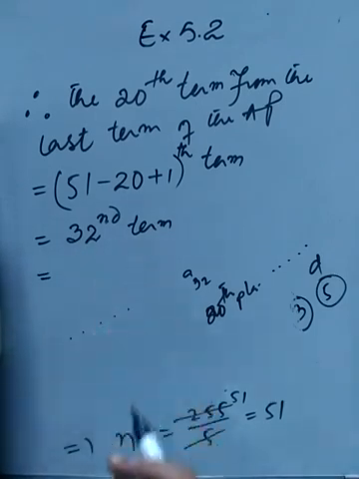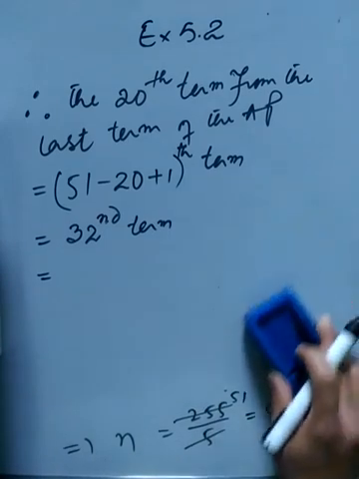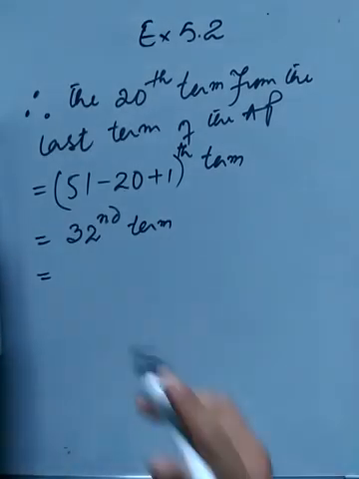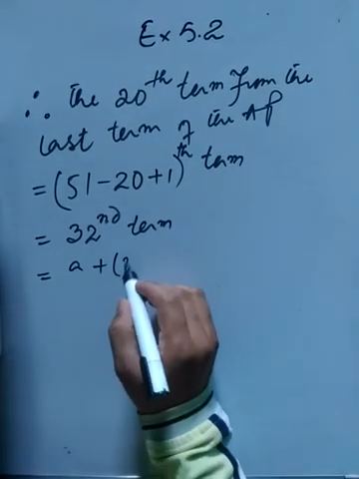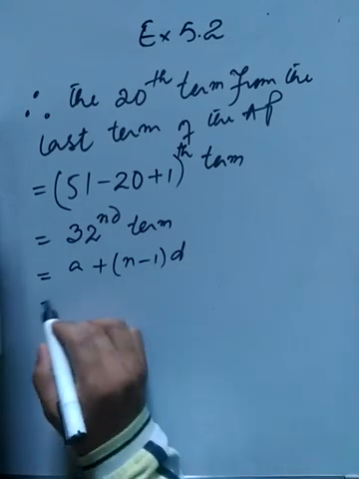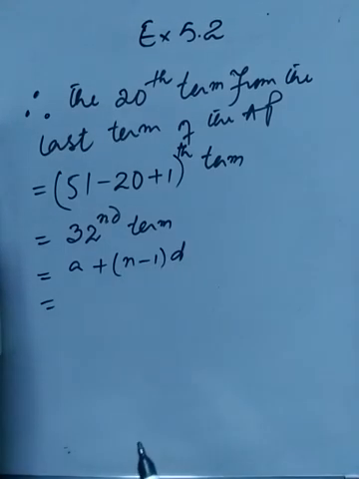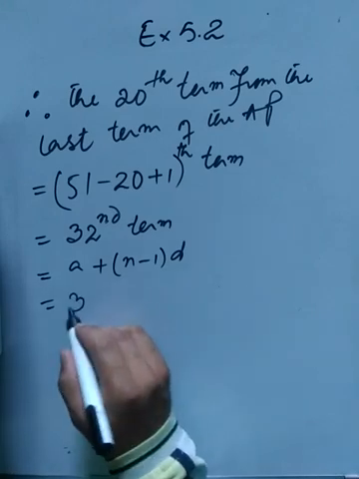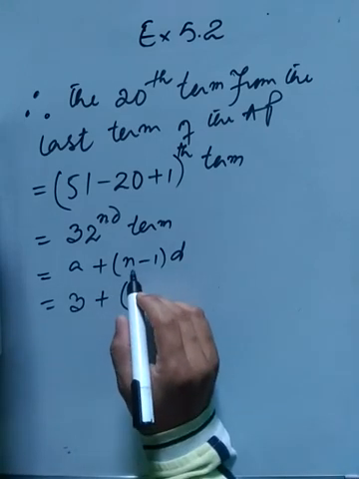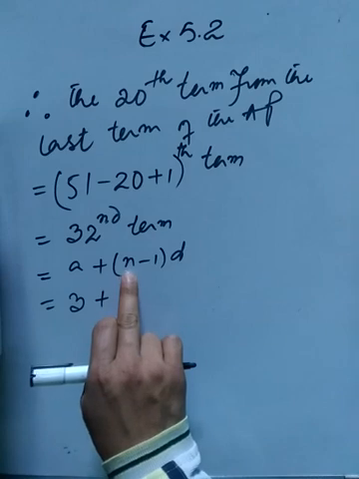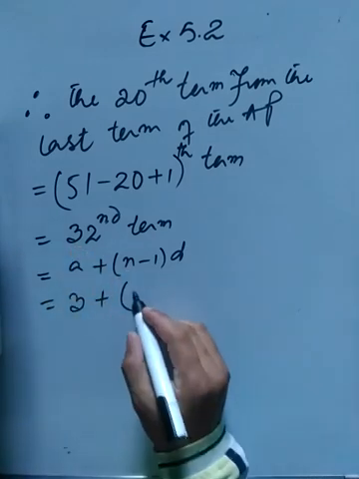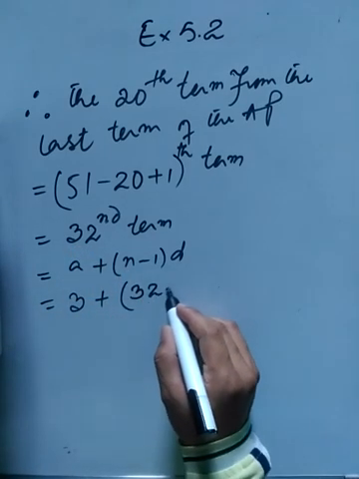Okay, therefore what is the formula for an? a plus n minus 1 whole d. What was the value of a? The value of a is 3 plus, n stands for this 32, so we write here 32 minus 1.